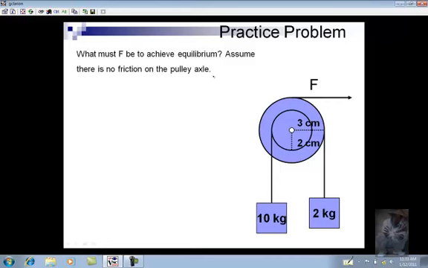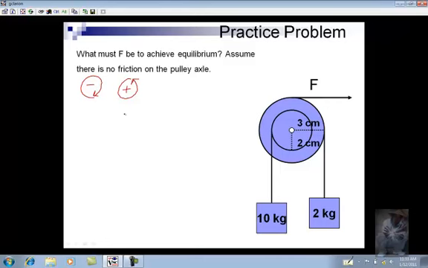Clockwise would be this way, and for some reason, clockwise is negative. Counterclockwise is positive. On the AP test, if you write this down, you're telling the AP grader that that's the convention you're using. Actually, you only have to draw one of those.